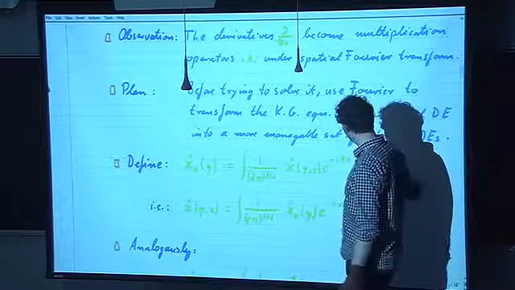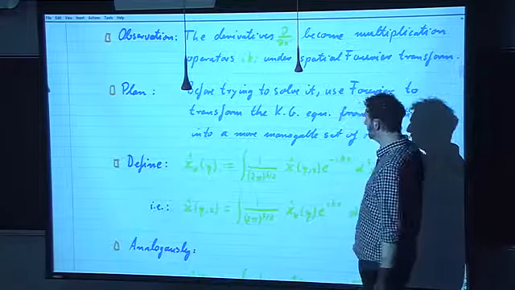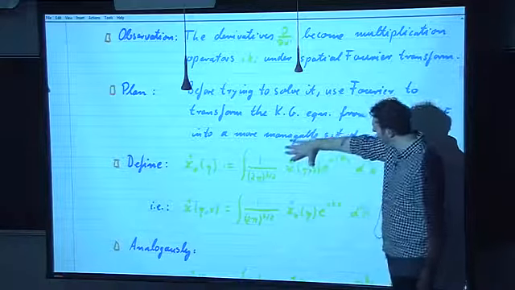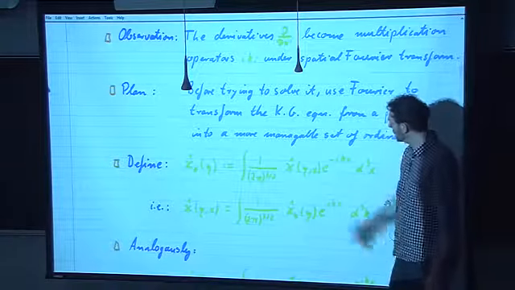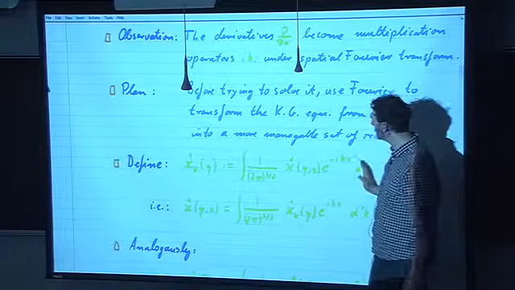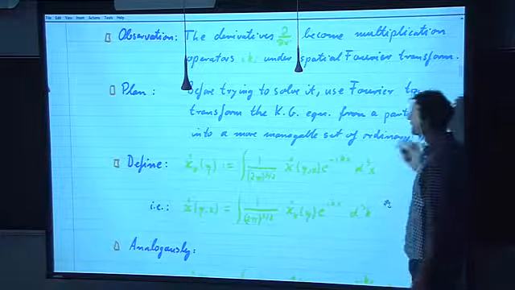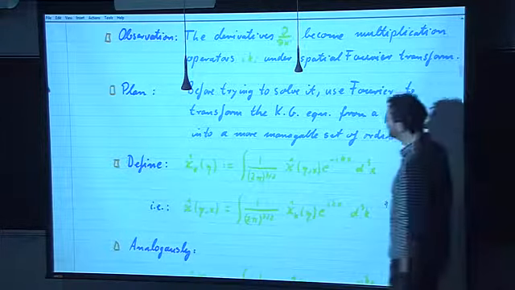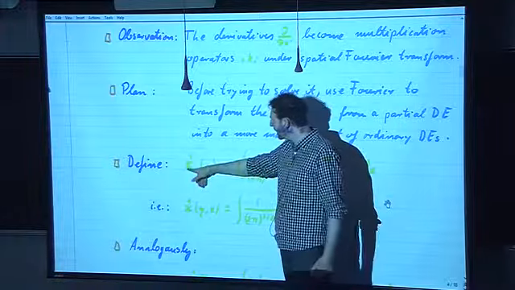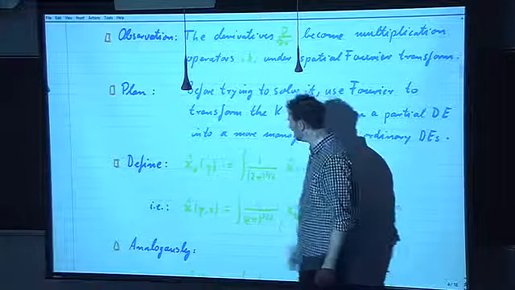So the definition is the usual definition of a Fourier transform. The chi field is originally dependent on conformal time and co-moving position. We Fourier transform in the spatial directions only, not in time, just in space. And then we obtain the Fourier transformed field chi hat of k and eta.